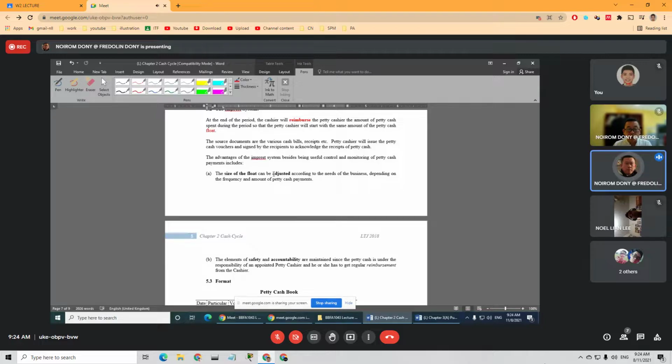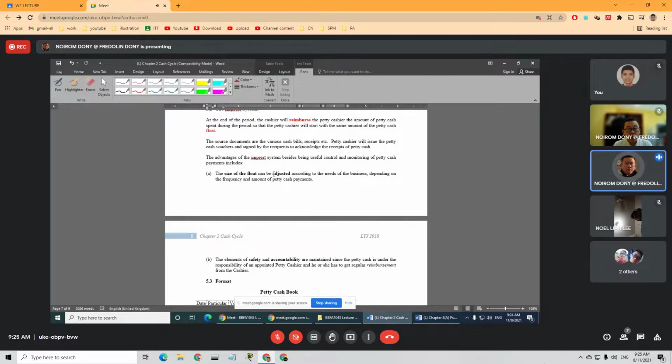So what does it mean? Meaning, if we are using petty cash book, of course, this petty cash book is using imprest system. The imprest system means a system where at the end of the month, the petty cashier will be reimbursed back by the main cashier the amount that is being spent through the petty cash book.